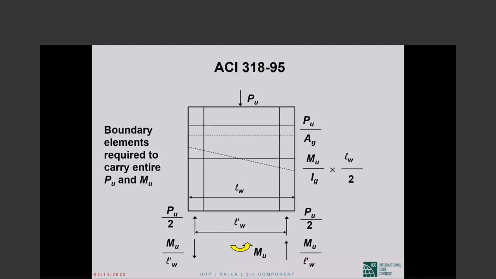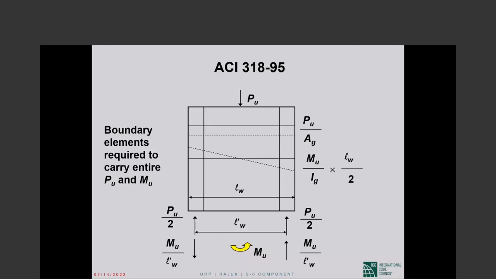Before BNBC 2020 went into effect, your code was BNBC 2006, and the ACI 318 edition that the concrete provisions of BNBC 2006 were based on was, to the best of my knowledge, ACI 318-89, which is even older than 318-95. So you have been designing by this old procedure up until now.